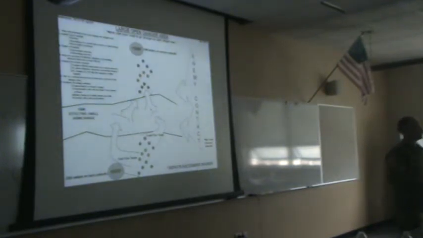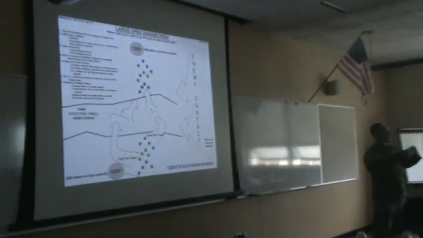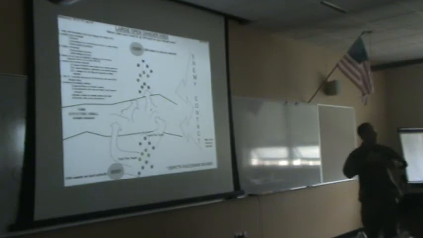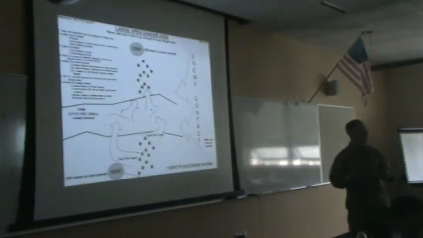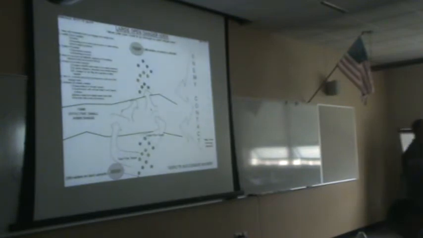If you don't have good terrain like that, then you might use successive bounds. It's easier to control, but as a con, it is slower. If you use alternating bounds, you're giving up control, but you are going faster. You will bound across your open space faster. Does that make sense? All right.